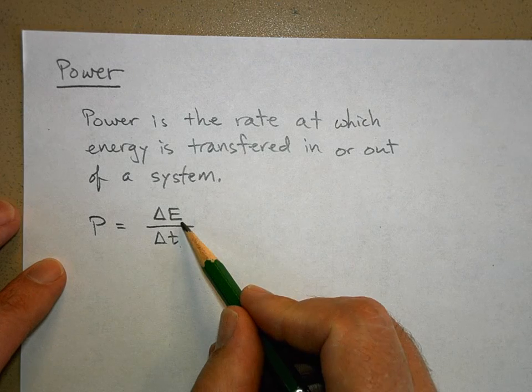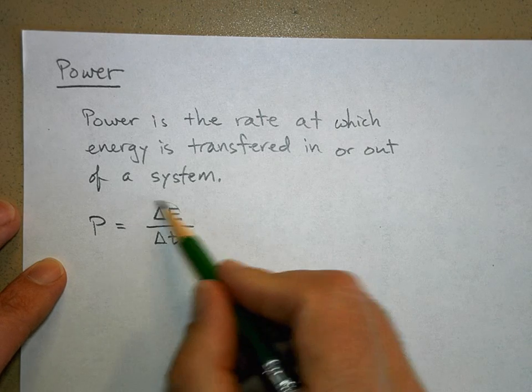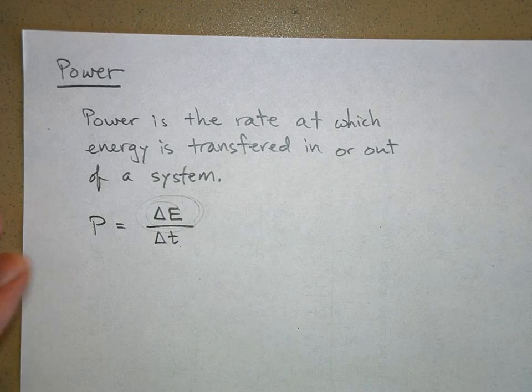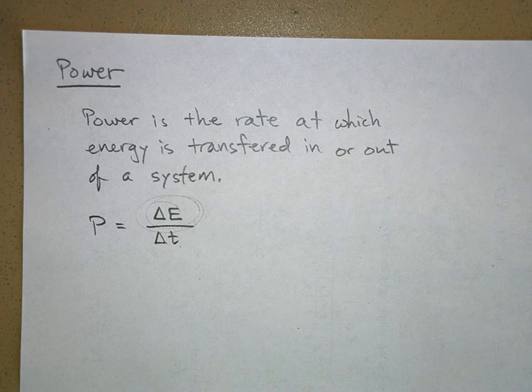Now this delta E, you have to look at the problem you've got. Like if you've got a pot of water on the stove and you're adding heat to it, it's the rate at which you add heat. Now, heat is measured in calories, but it can also be measured in joules, right?